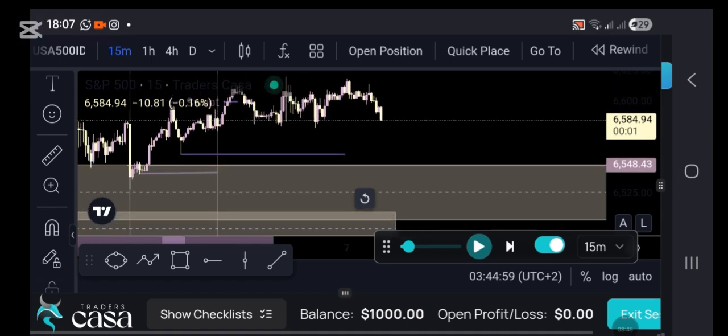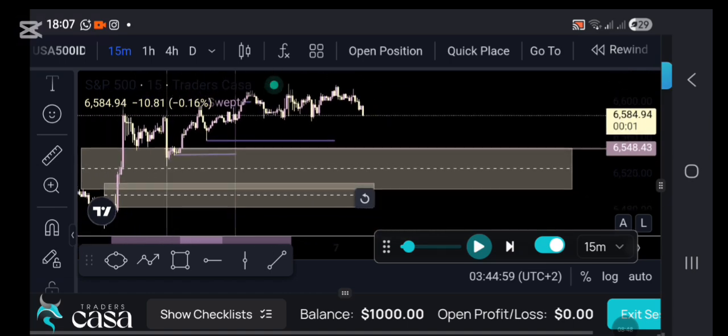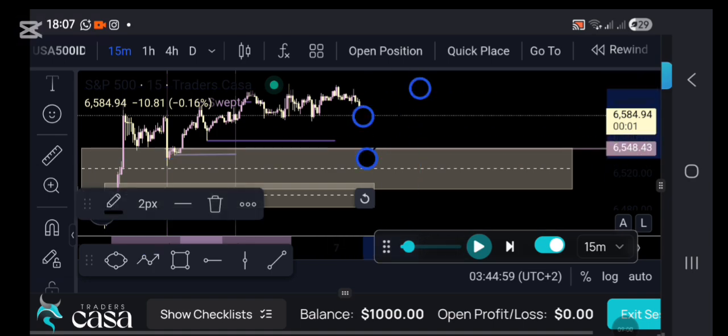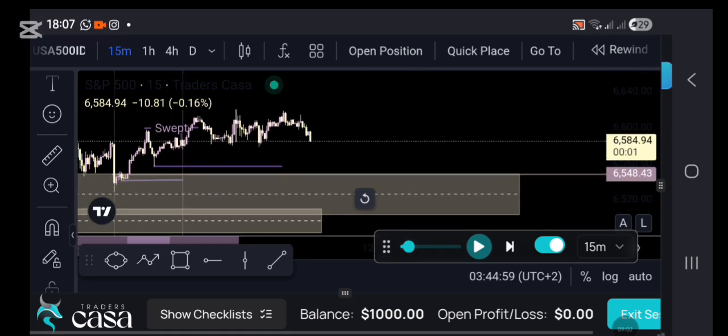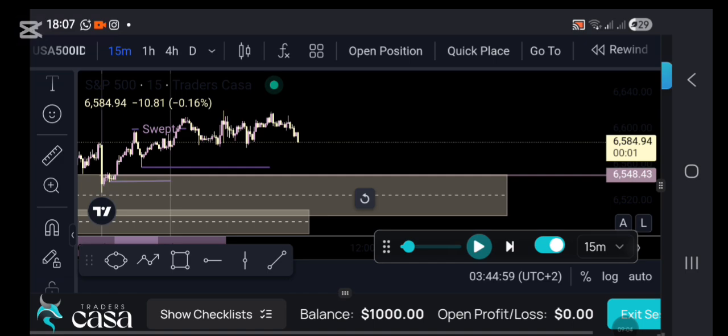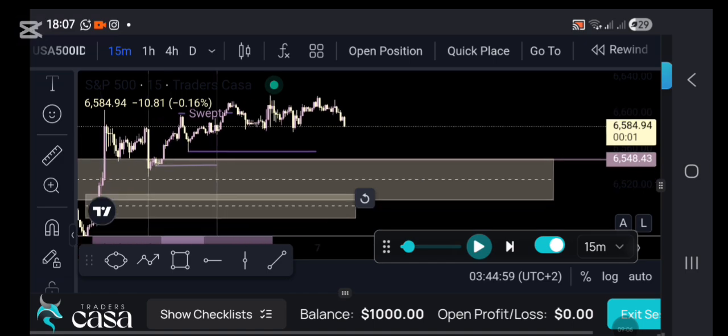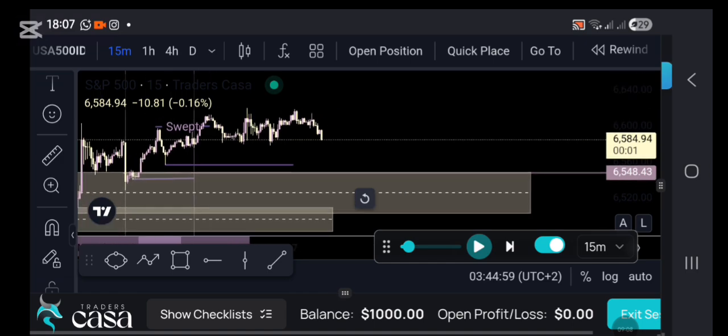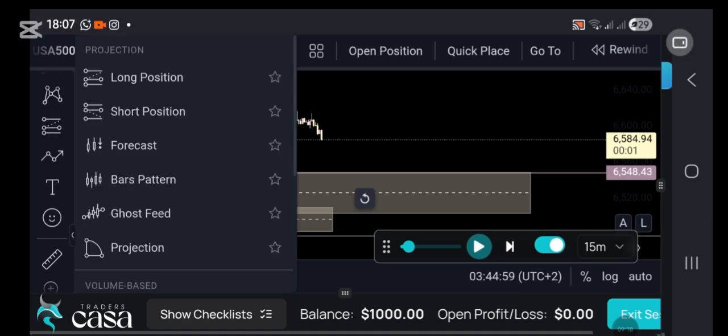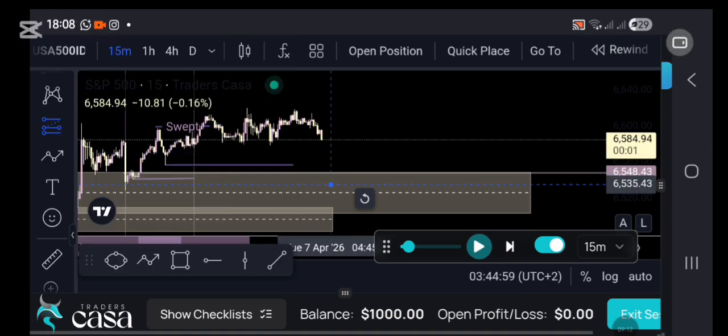So we are going to look for buys simply because I feel like price is going to come back, sweep this area, and after it sweeps this, we may proceed higher. So that is what we are going to do. I think we might enter longs right over here.